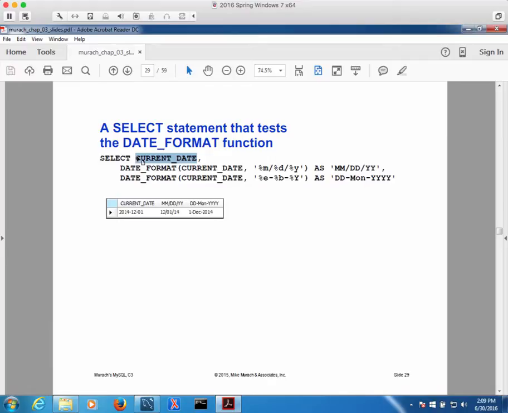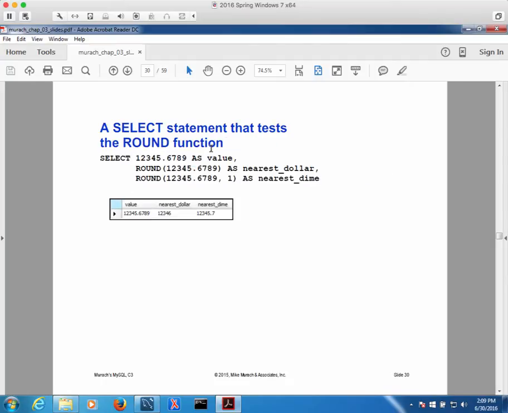And so if you wanted to test a date format, you could use the expression current date. So this is a special name that has the value of the current date. Here is a statement that tests round.